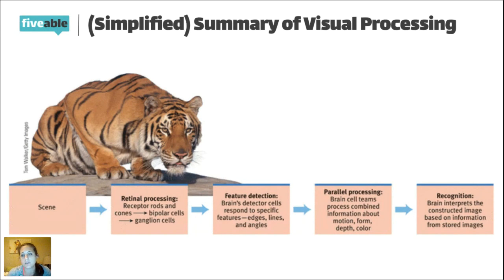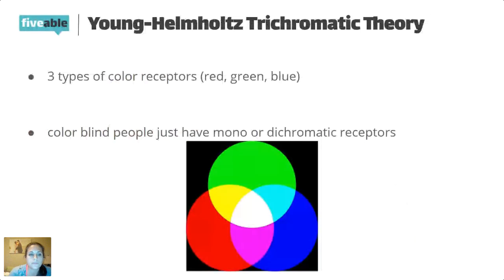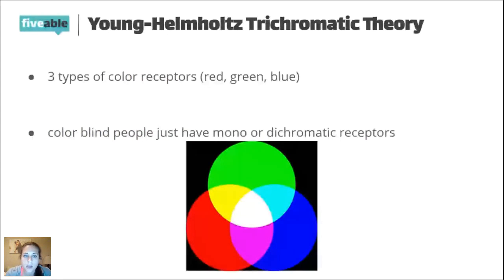We're going to next talk about how we see color, because that's a very specific process that also happens. So we're going to go back to talking about cones, because cones are what enable our color vision. There are 2 main theories, and you need to know these. These are important about how we see color and why we see color as humans. The Young-Helmholtz Trichromatic Theory, Tri meaning 3, that should help you, says that we have 3 types of color receptors.